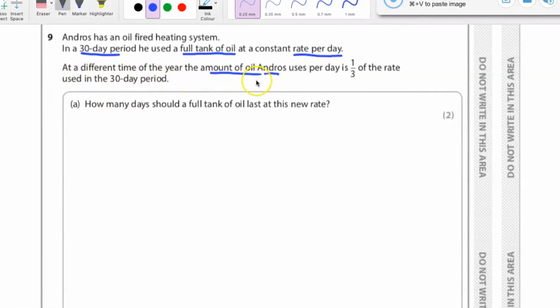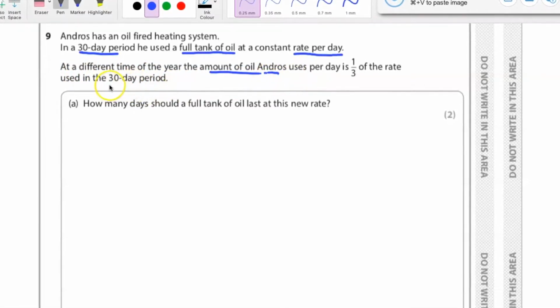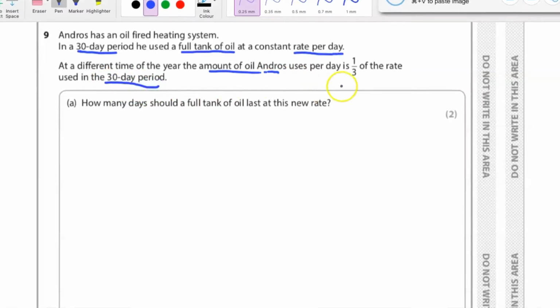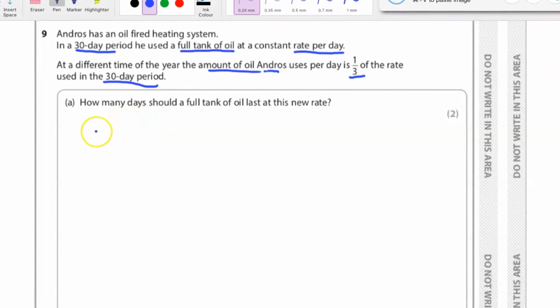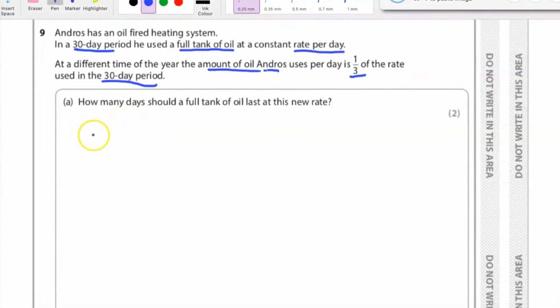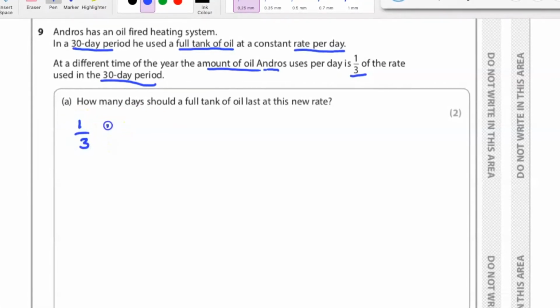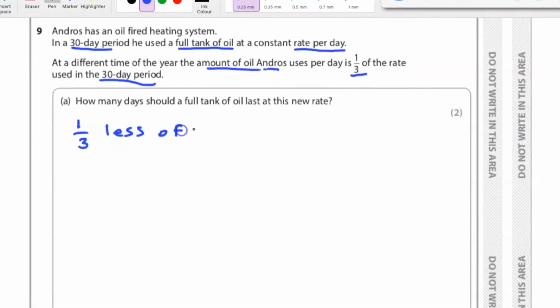He used less oil for the same 30 days period, a third of the oil.